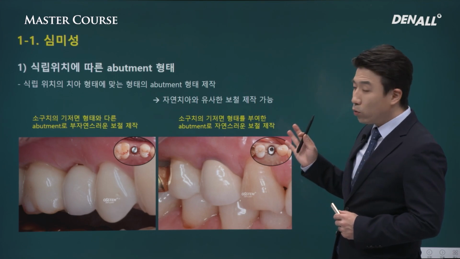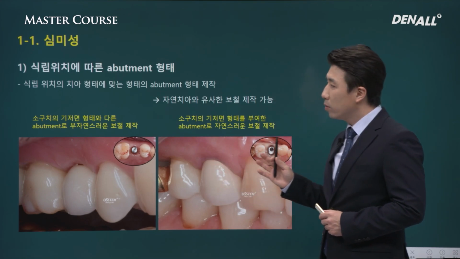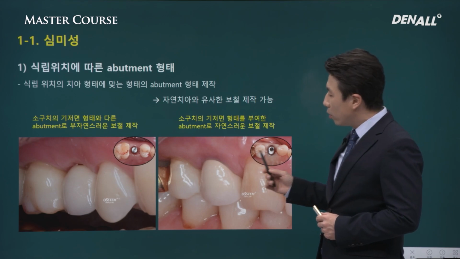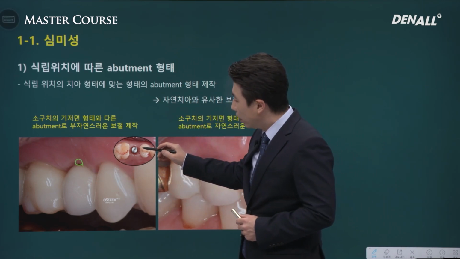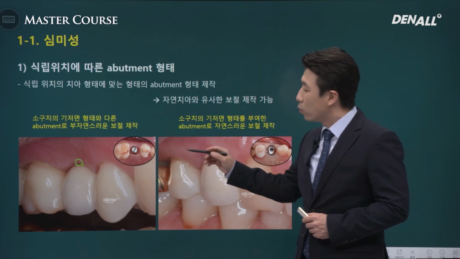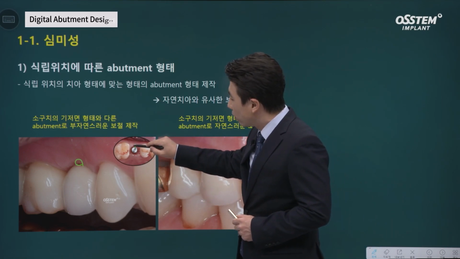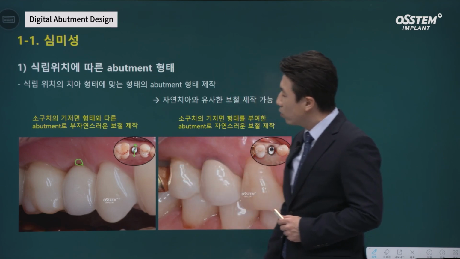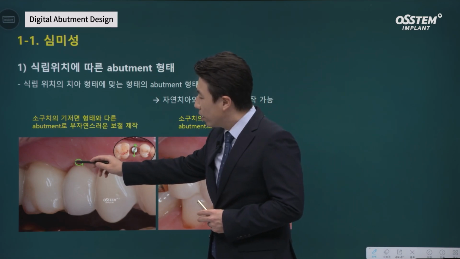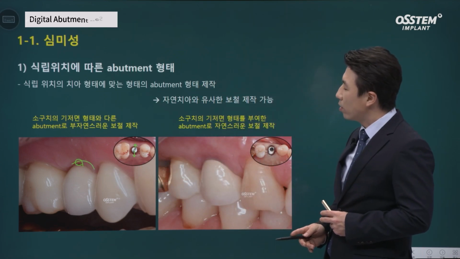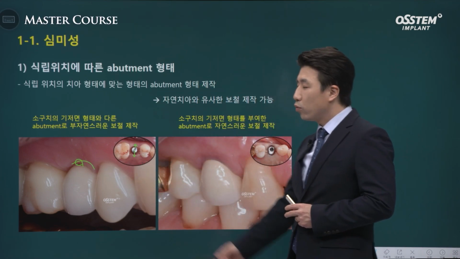Let me give you an example using premolar. If you look over here, cervical third is shown like this. The abutment does not have sufficient buccolingual width, and that is why it looks like this. The width should be sufficient in order to imitate the natural teeth, but because it was insufficient, it resulted like this.